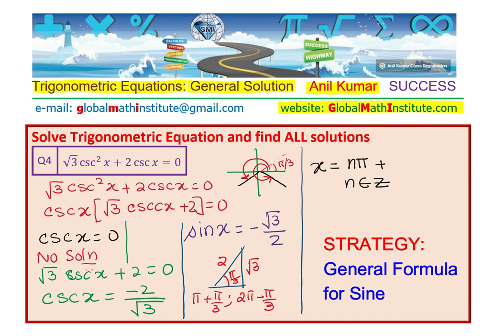Plus, for sine, we have this formula, minus 1 to the power of n times the angle. Now the first angle will be minus pi by 3, right? Because negative, right? So this is the angle which we are looking for. Sine inverse is only valid from minus pi by 2 to pi by 2, right? So negative values, minus pi by 3.